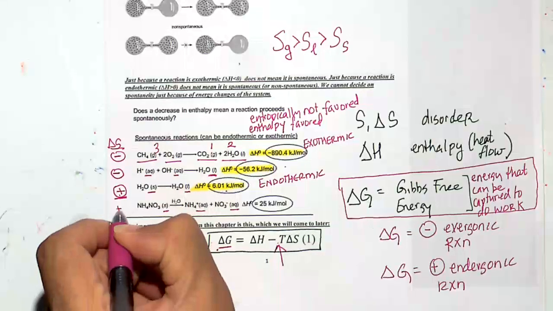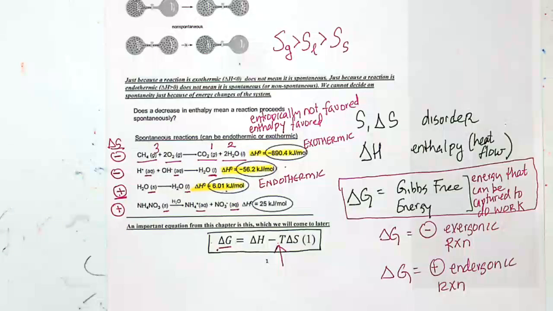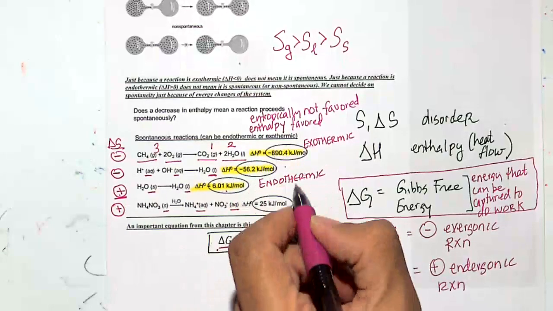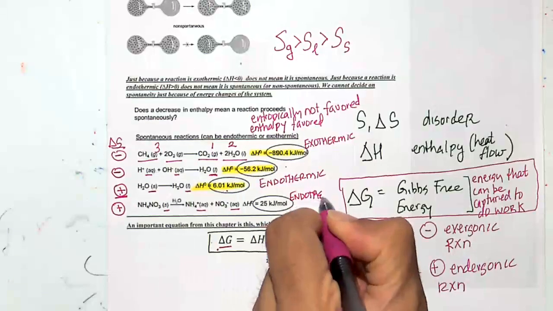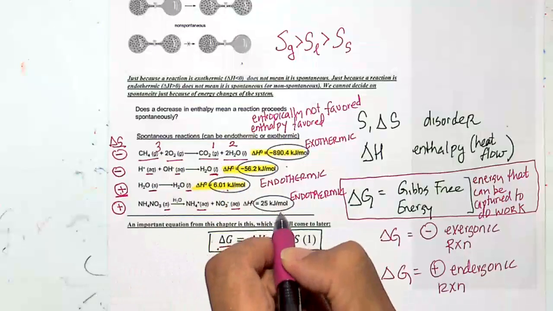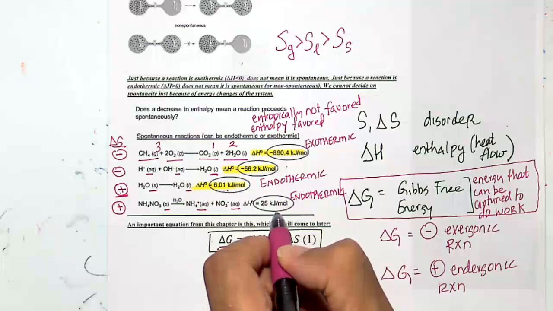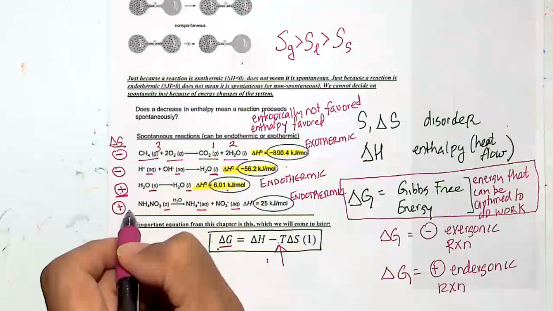What would the delta S be? It's tending towards more disorder. What do you think about the delta H? Endothermic. So just like the equation above, this is enthalpically disfavored because of the positive delta H.